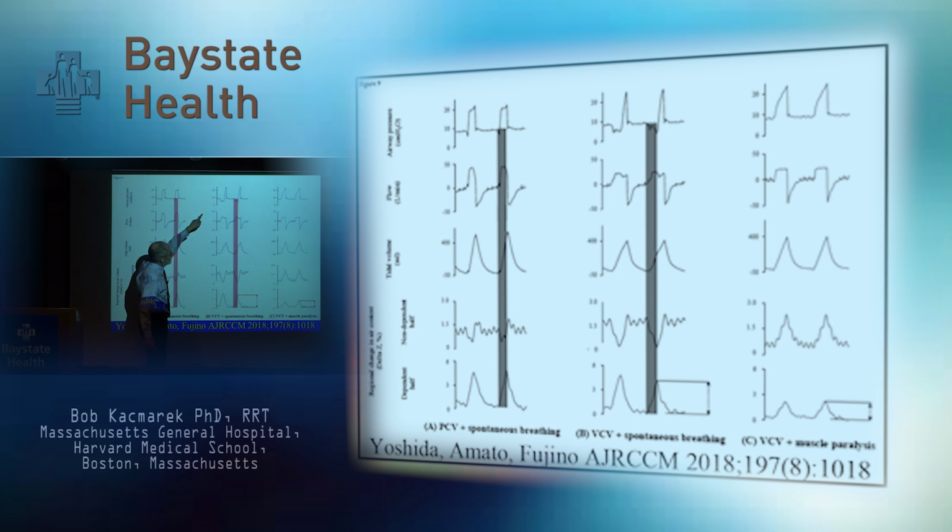Again, pressure, flow, overall tidal volume, but look at what happened to the non-dependent region of the lung in both of these circumstances, in both volume ventilation and in pressure ventilation. Essentially, you have a significant amount of pendelluft during the inspiratory phase of air moving from the non-dependent to the dependent part of the lung.